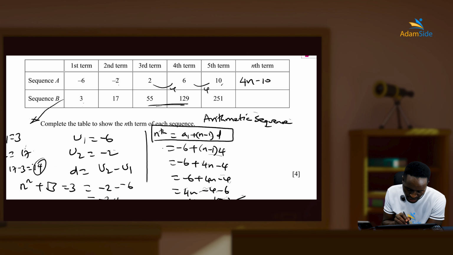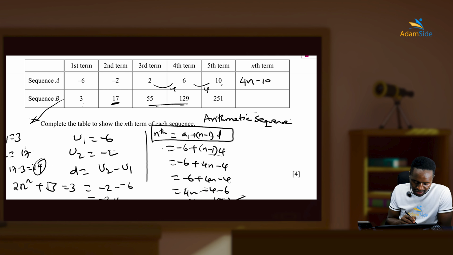But remember, it should also give you 17. If you use the second term, you'll understand that you have to multiply by 2. So it will be 2 times n to some power, and n to the power 1 gives 3, and n to the power 3 so that we can get 17.